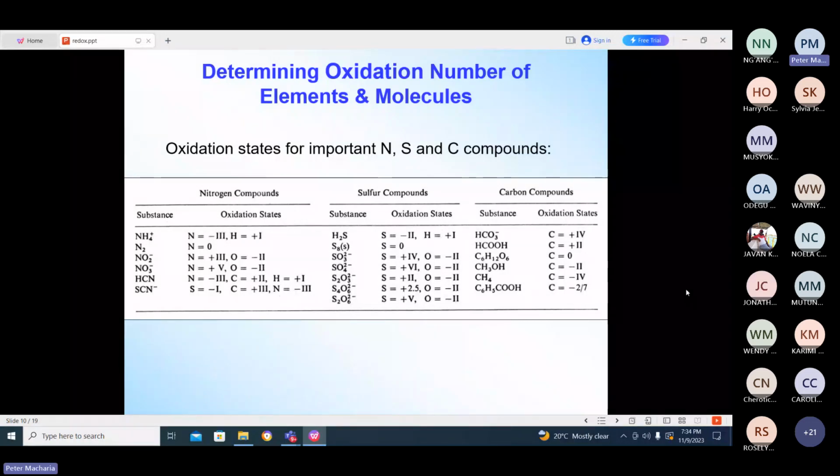So we are given several oxidation states. So probably let us go to NO3 negative, nitrate. So what is the equation? It is 1N plus 3O is equal to -1.